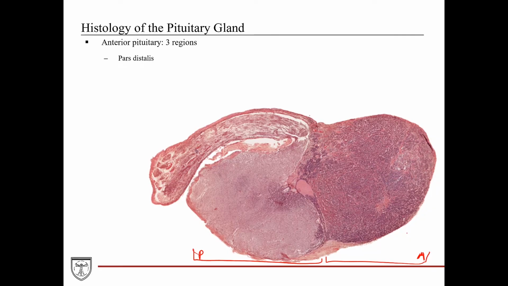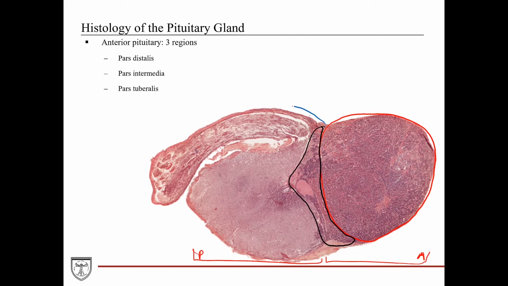The pars distalis is the biggest portion of the anterior pituitary. The pars intermedia is the portion of the anterior pituitary that abuts the posterior pituitary immediately, like so. And the pars tuberalis is a small portion of the anterior pituitary that kind of wraps itself around the infundibulum.